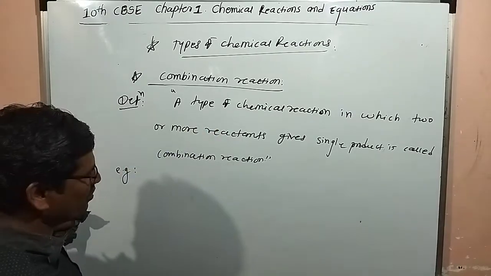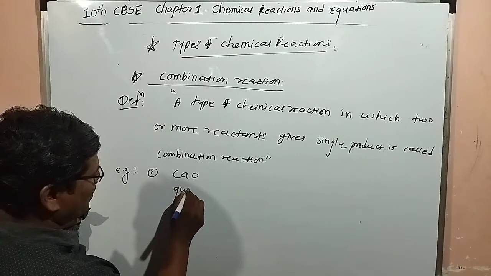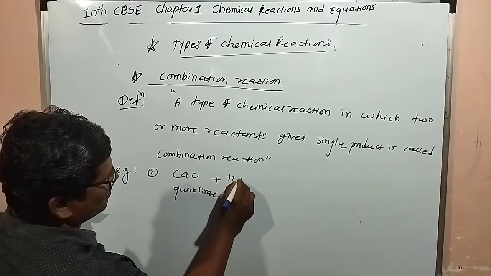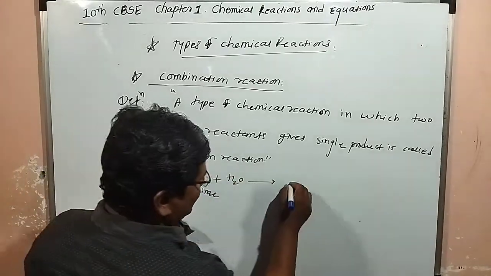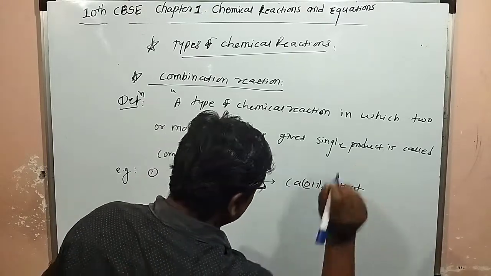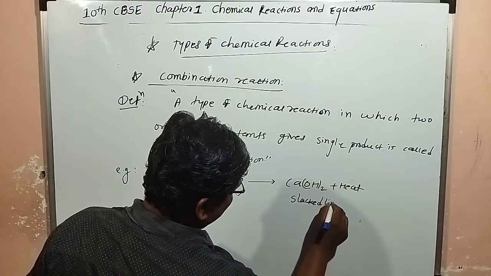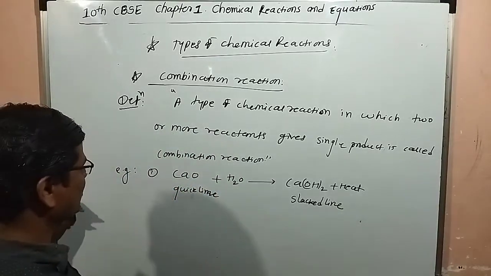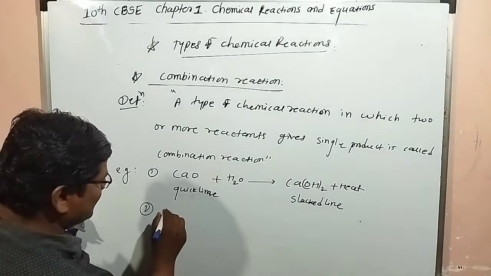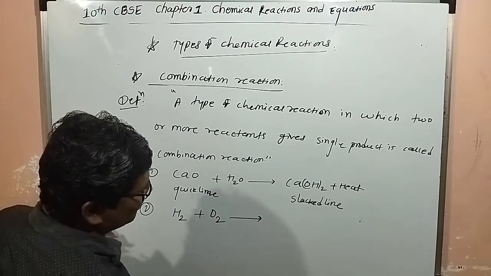First example, which we have just studied: CaO, quick lime, plus water, and it is giving Ca(OH)2 plus heat. Here it is slaked lime. The second reaction is H2 plus O2 giving H2O.